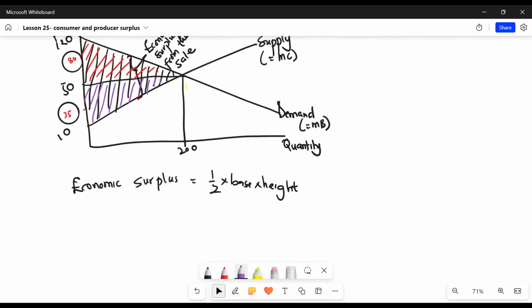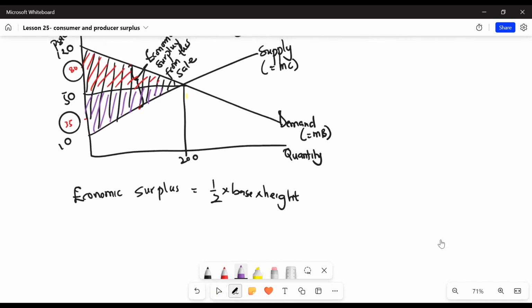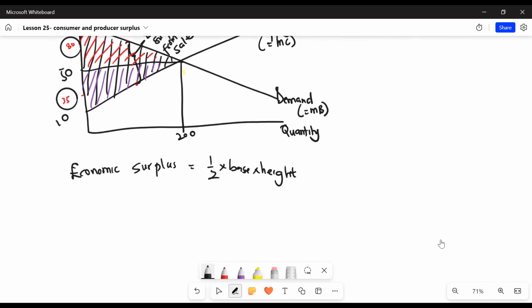So we can calculate our economic surplus in this market of jeans as well, just like we did for our producer surplus and our consumer surplus. So using the same formula, half base times height.